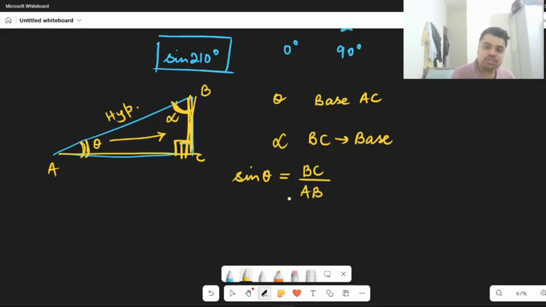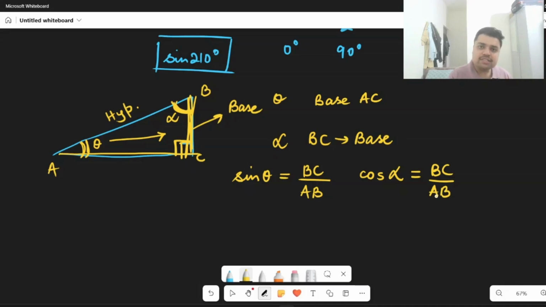Now the next question is, what is cos alpha? Cos alpha is base by hypotenuse, right? For this alpha, BC is my base, because it is supporting. So I can say that BC by hypotenuse is again AB.